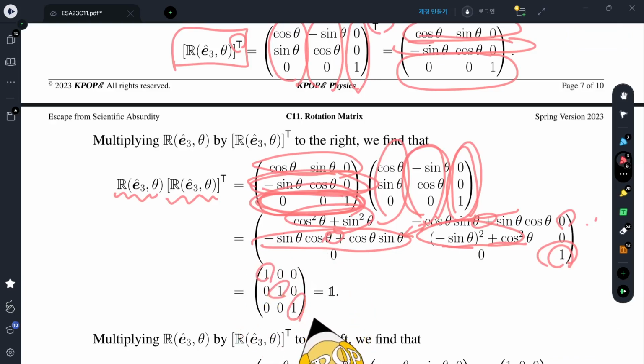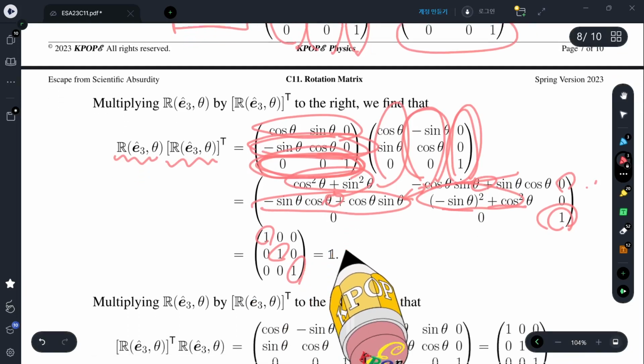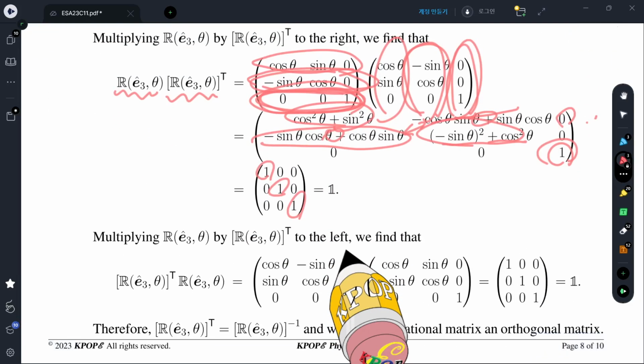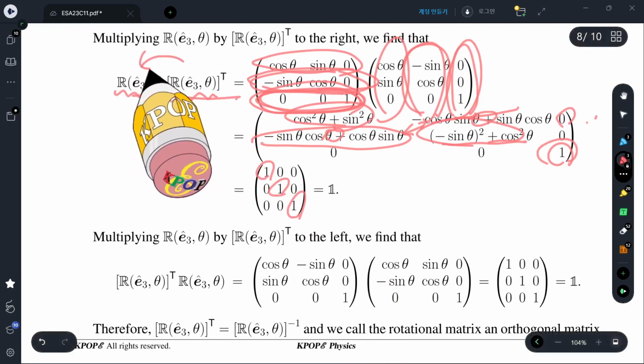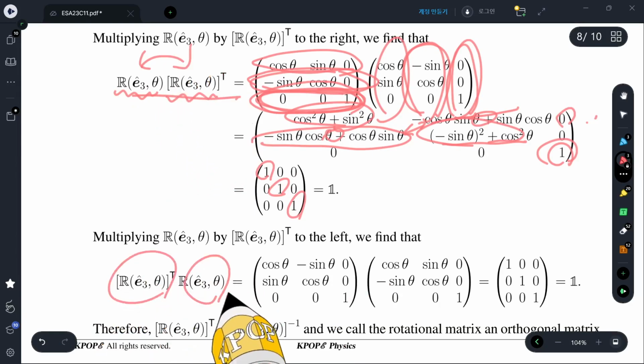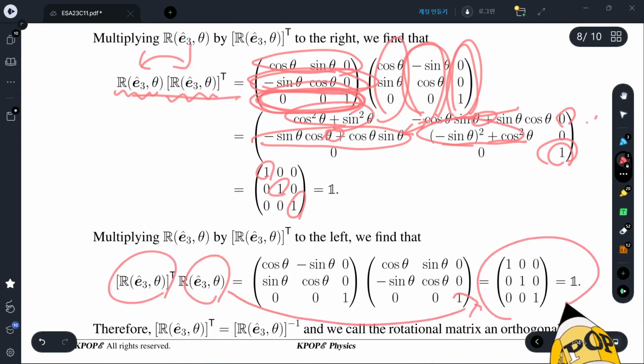So it is nothing but the identity matrix. Okay, we can do the same job by exchanging the order, and the final result is identical to each other.